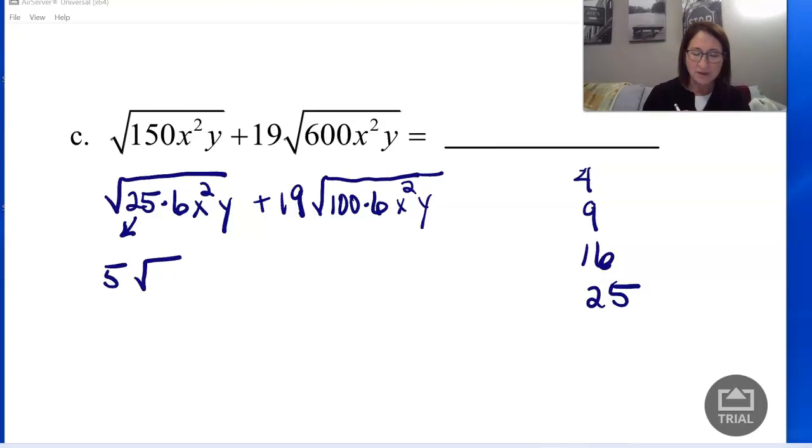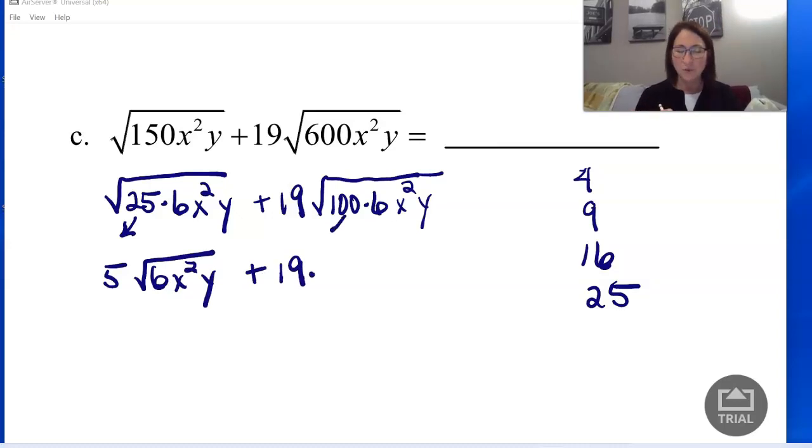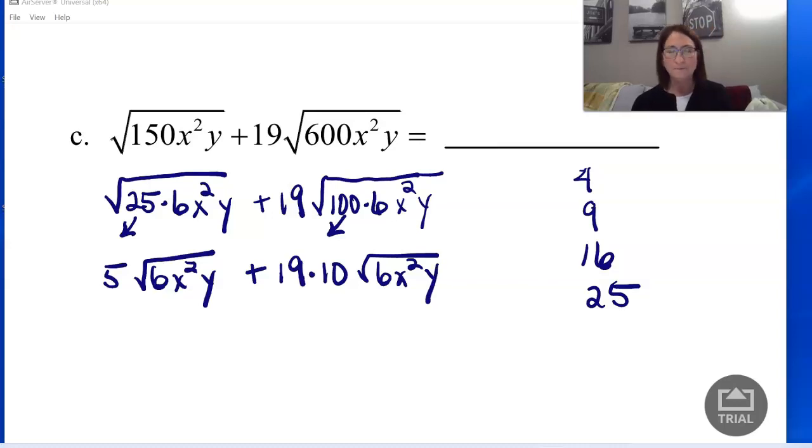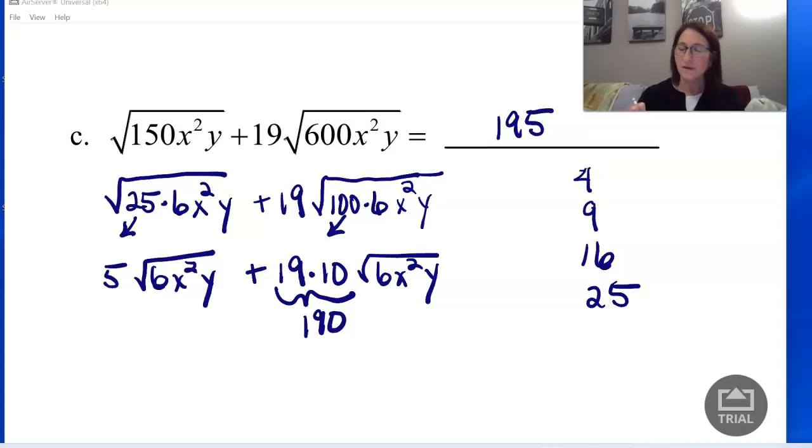So I've got 5 square root of 6x squared y. Then for the second one, this 100 I can bring out because the square root of 100 is 10. And then I'm left with 6x squared y. Wow. Okay, well, 19 times 10, that's 190, plus 5, I've got 195 square root of 6x squared y.